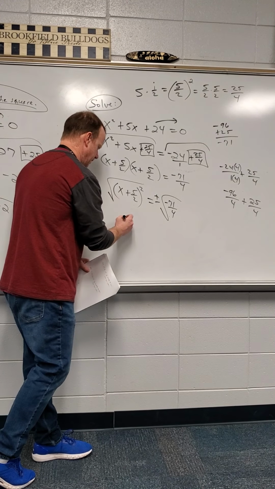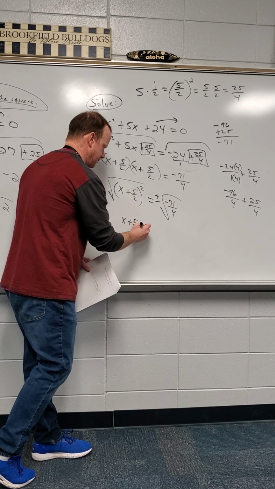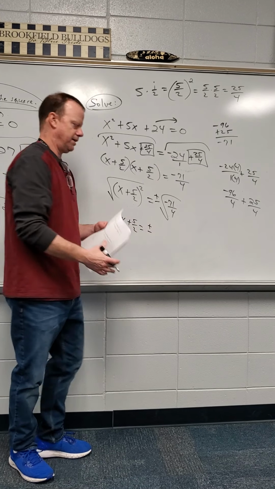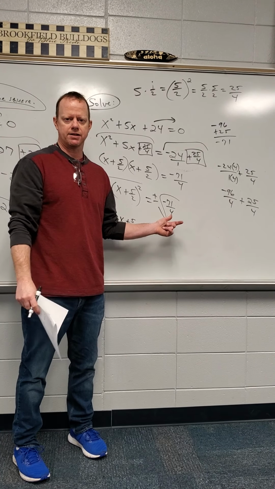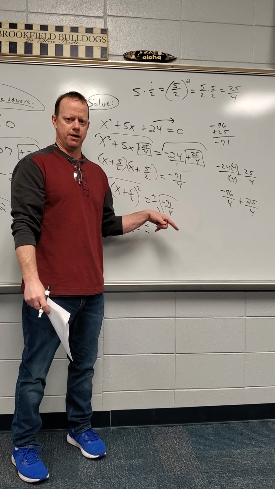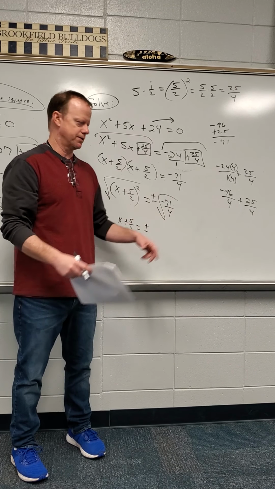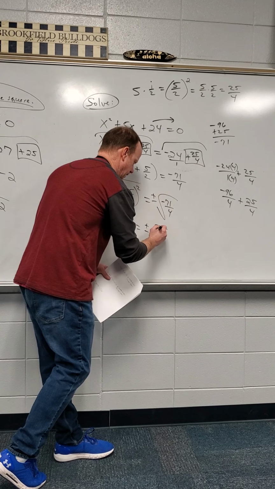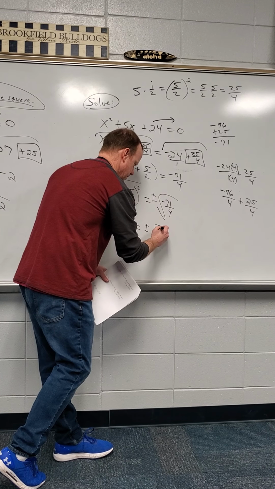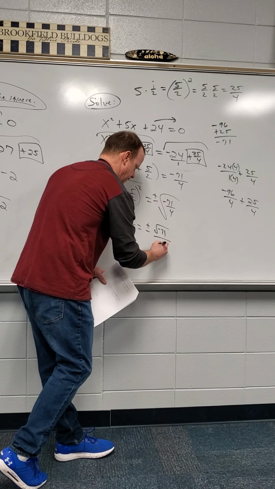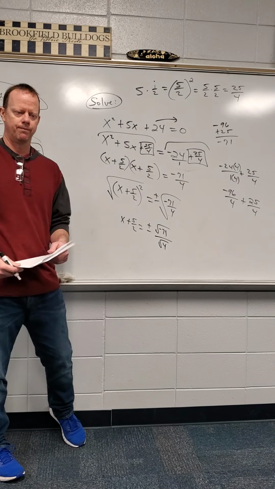So this gives me x plus 5 halves equals plus or minus. Anytime you have the square root of a fraction, numerator and denominator, top and bottom, gets its own square root. So I'm going to write the square root of negative 71 over the square root of 4.